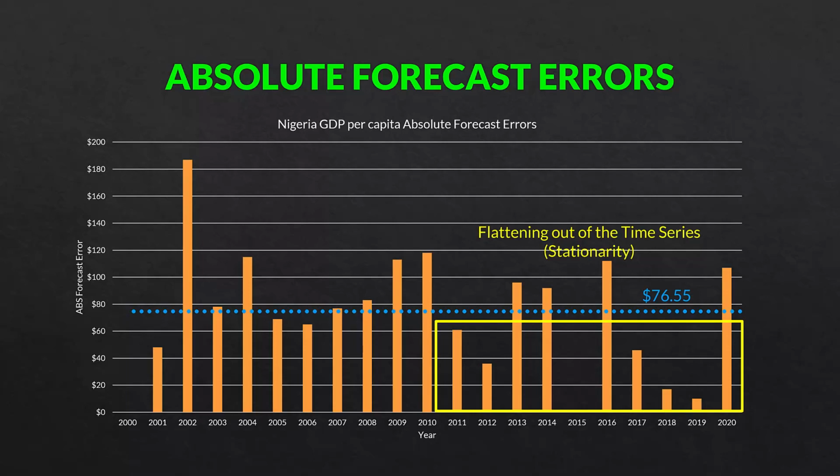So smaller absolute forecast error means there is less distance between the actual values and the forecast values. And in the naive scenario, that is when the time series flattens out horizontally. So just by looking at these errors, you can understand what's going on in the underlying time series.